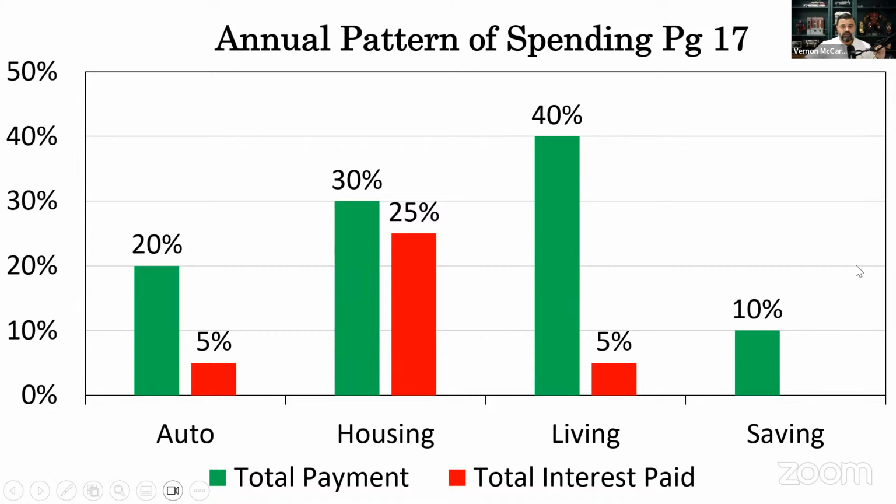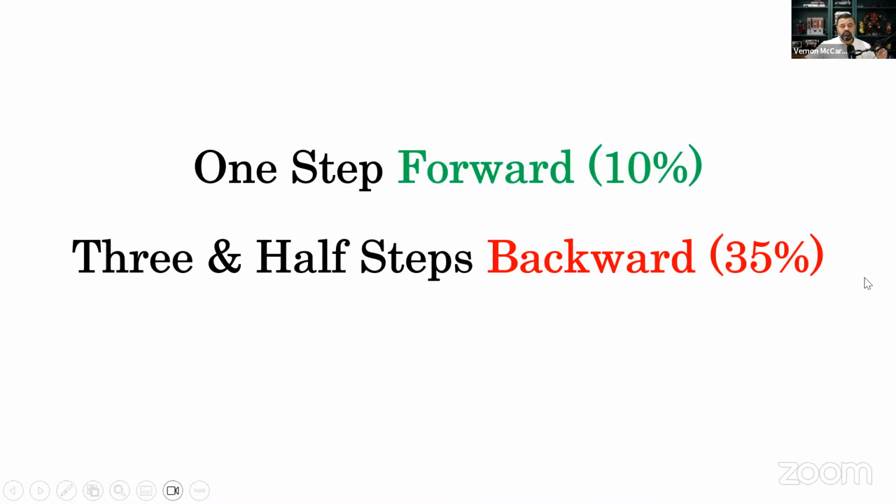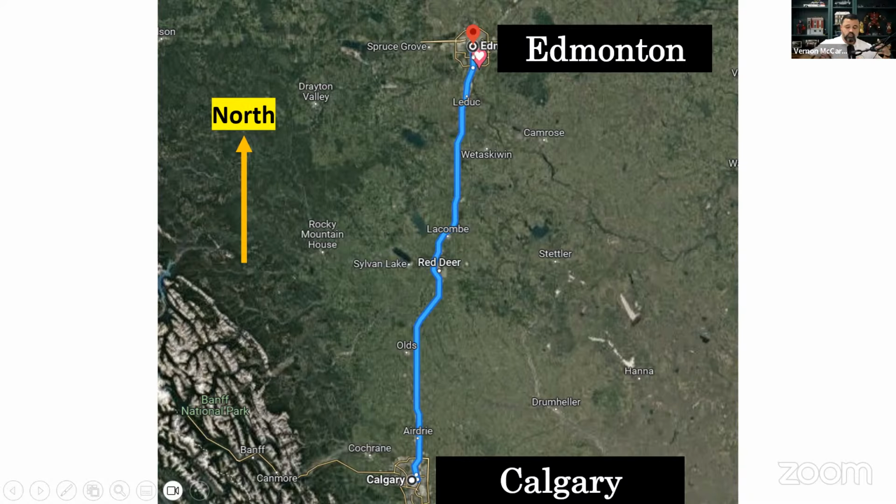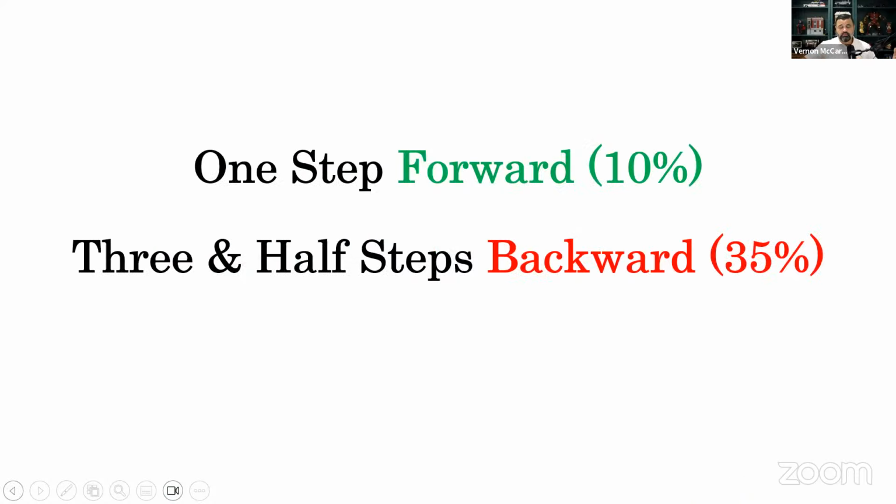So 35% of every dollar that you earn is leaving you just on interest alone. So you're not even making any headway on the principal. So if you were saving 10% of your income, you're taking 1 step forward and 3.5 steps backwards.